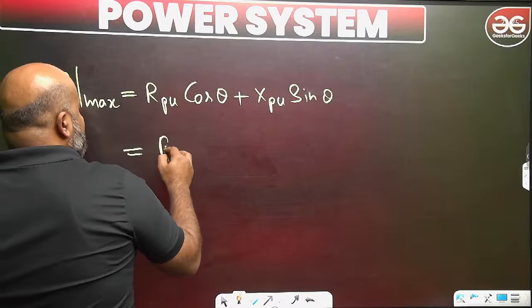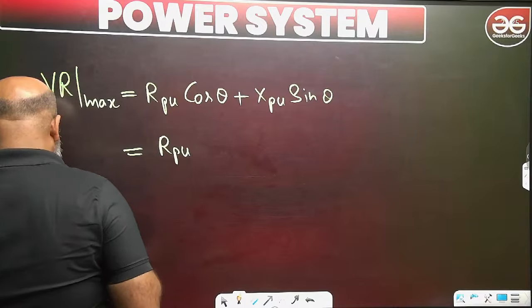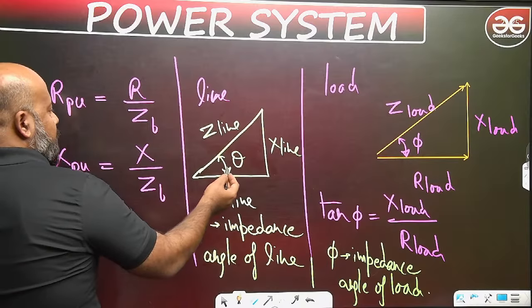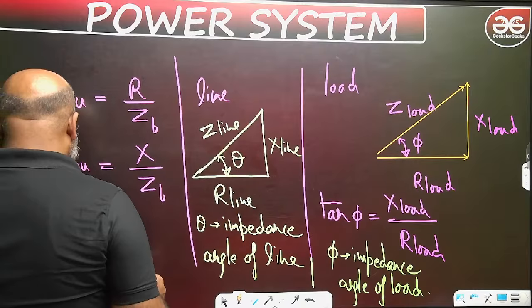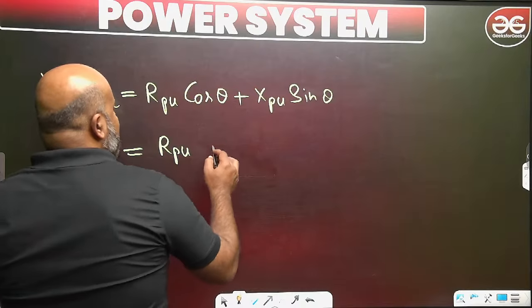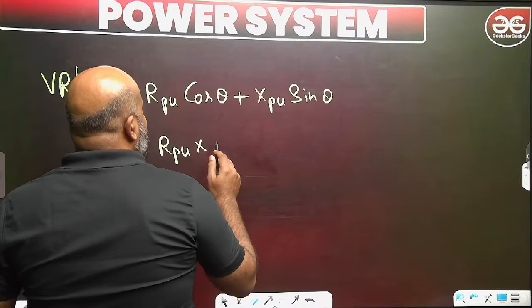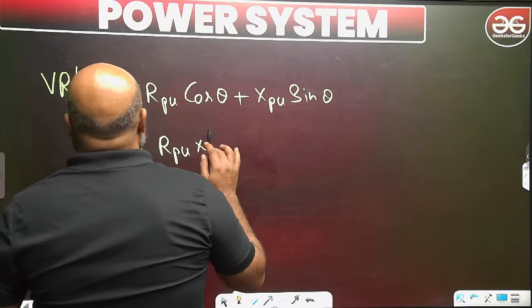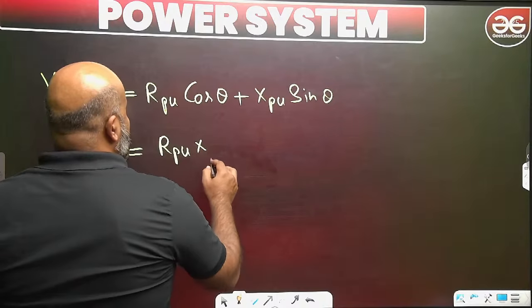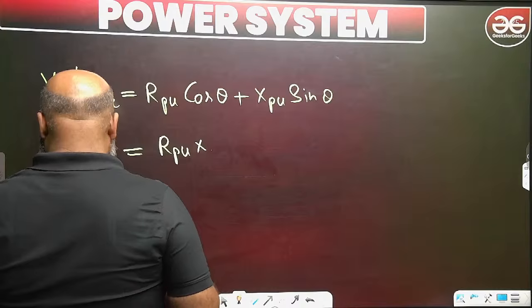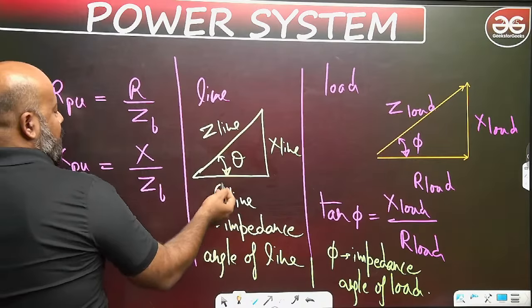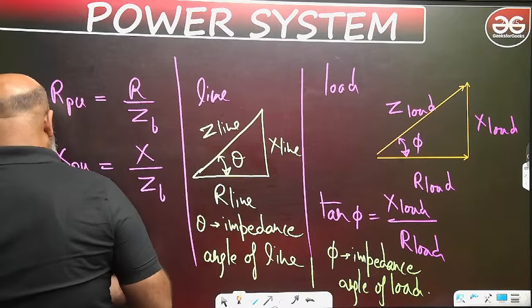Sir, what is cos theta? Just see this triangle. Cos theta is R per unit upon Z per unit.